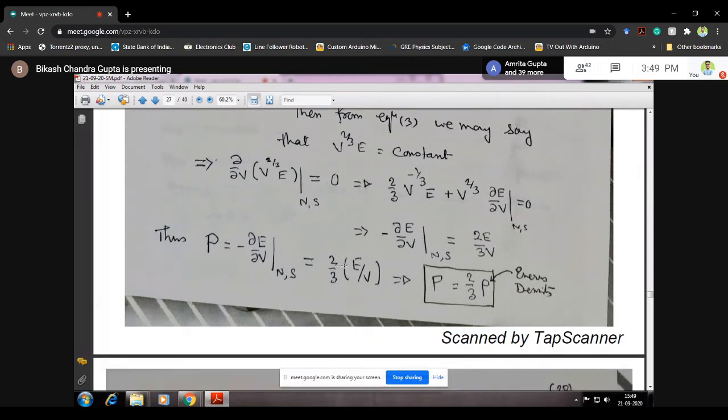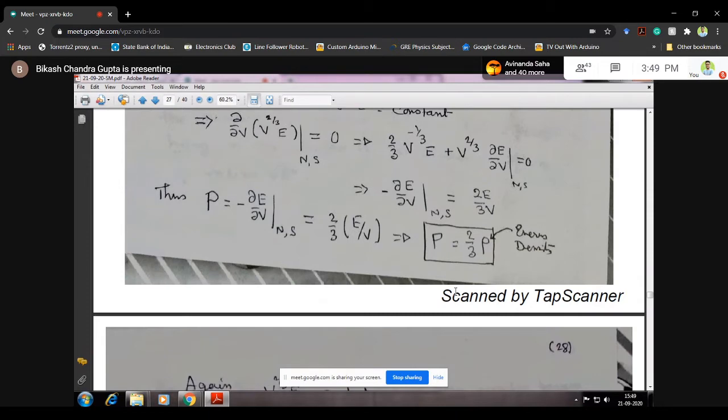And therefore you know P, the relation from thermodynamics, P is known to you. The pressure is minus del E del V at N and S constant, and that is 2/3 of what we have obtained, 2/3 E by V, and P equals 2/3 of rho. So the pressure is 2/3 of the energy density, and this is again a known relation, right?